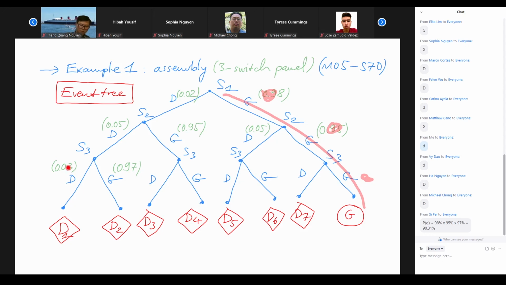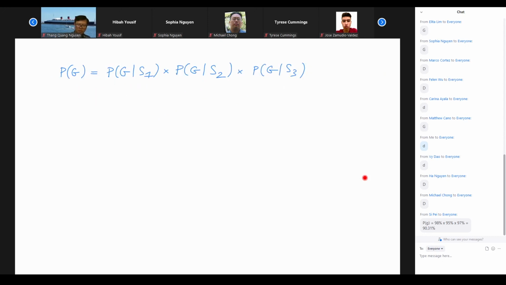Because remember, that's 0.03 on the left-hand side, 0.97 on the right-hand side, right? Everywhere. 97, 3% here, 97% here, 3% here, 97% there. So it means that we need to multiply these three numbers together, right? So let me go back. So we just multiply the three numbers that we see over there together.